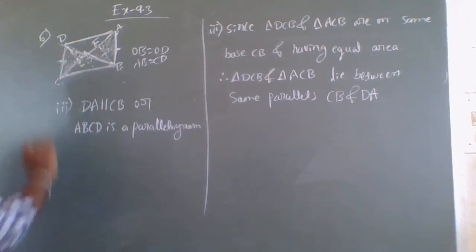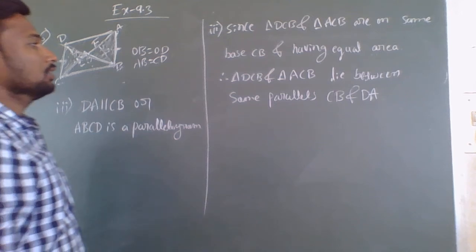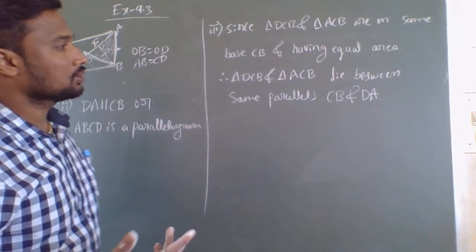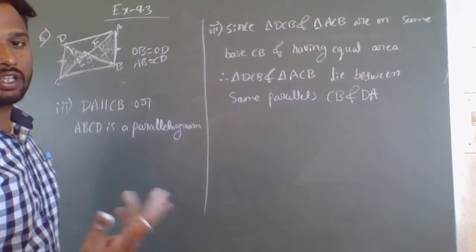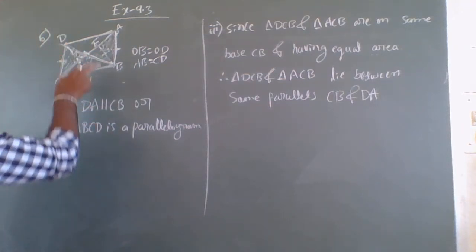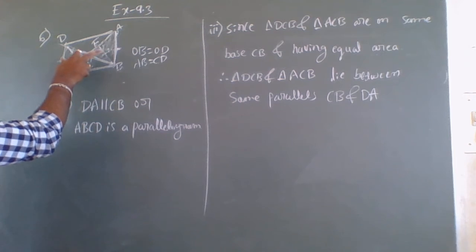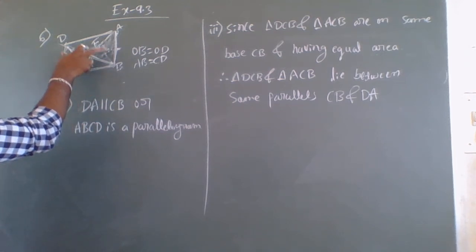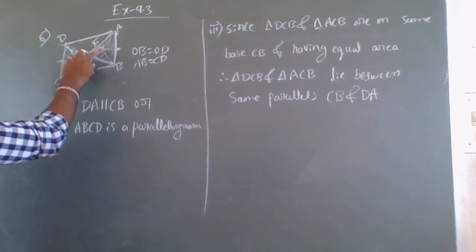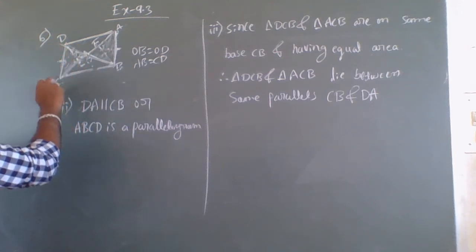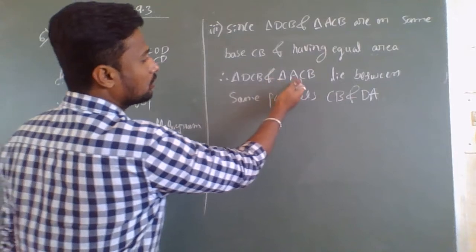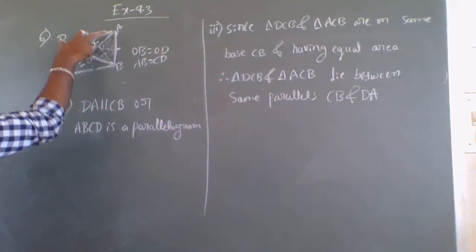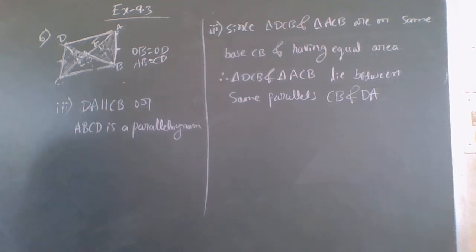You can see here. What we know is, when two triangles are on the same base and equal in area, then those two triangles should be between the same parallels. So therefore, these two triangles lie between the same parallels CB and DA here.